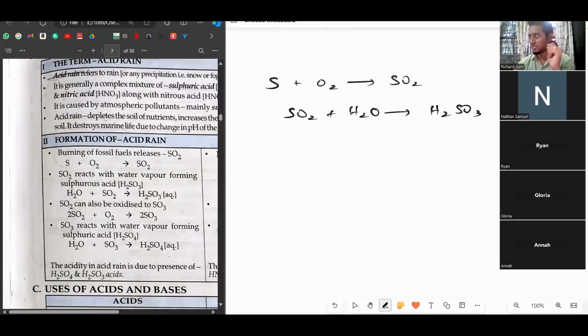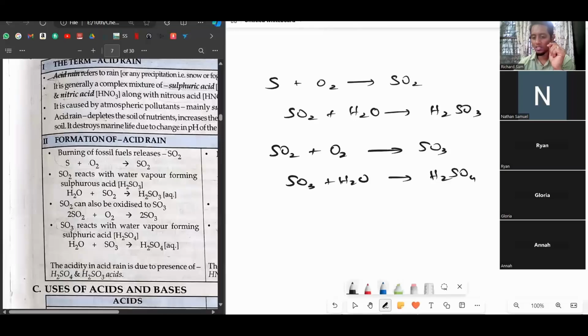That is sulfurous acid. Now some of this SO2 will further get oxidized to form SO3. And this SO3 also will join with water to form H2SO4. So you get two acids here with sulfur. One is H2SO3 and the other is H2SO4. What is H2SO3? Sulfurous acid. And H2SO4 is sulfuric acid.